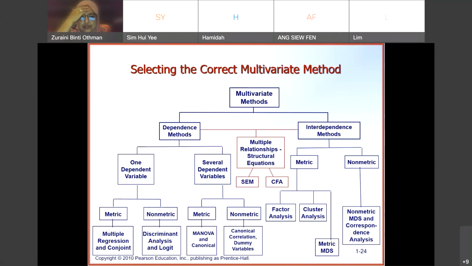The multivariate method can also be a hybrid between dependence and interdependence, which we call multiple relationship structural equation modeling, SEM and CFA. These are the two analyses that we may use to analyze this relationship.